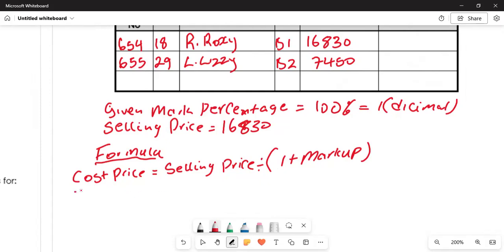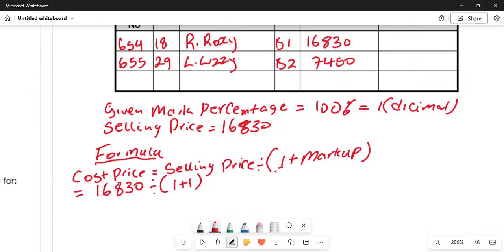So we are going to say equal 16,830 as our selling price divided by bracket 1 plus 1. This 1 represents the original cost price, because our goods are produced at 100%.